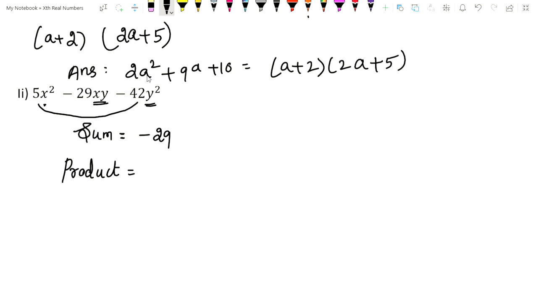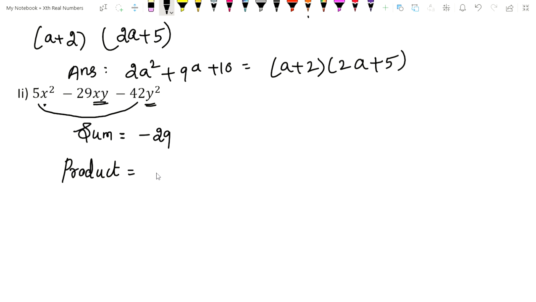Totally we have three terms. The middle term represents the sum, and the multiplication of the first and last terms is called the product, because we have only three terms. So both the terms we need to multiply.